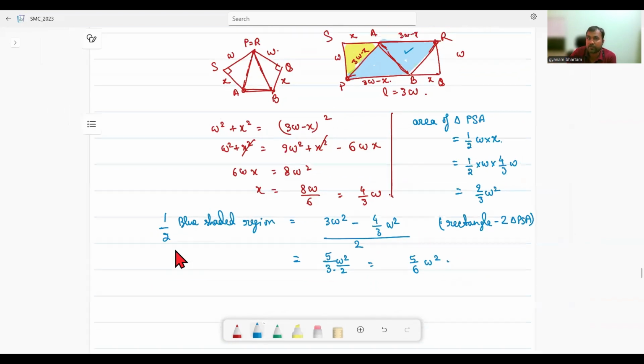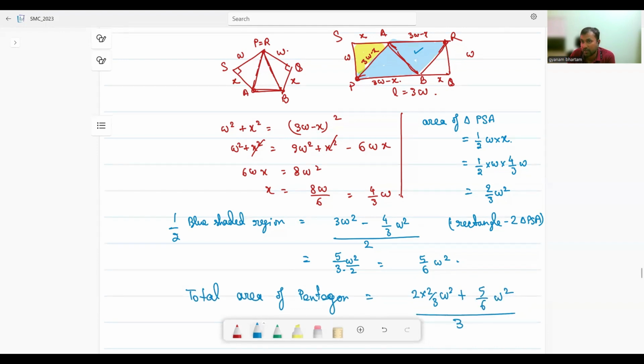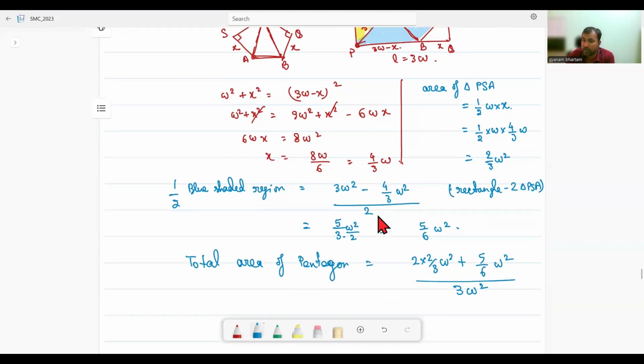Now we can find the total area of the pentagon. So total area of the pentagon is going to be 2 times 2/3 W squared, as there are two triangles which are symmetric, for S and Q. And then the region ABPR is going to be half of the blue shaded region, which is 5/6 W squared. And we have to divide by 3W squared because that's the total area of the rectangle.